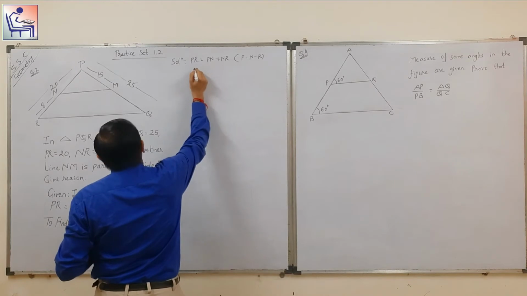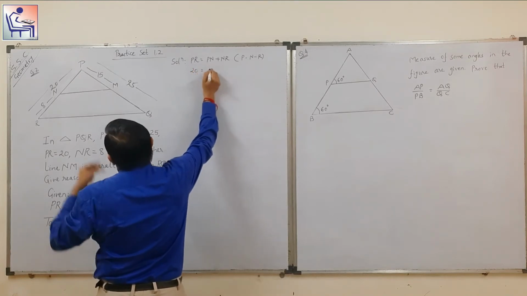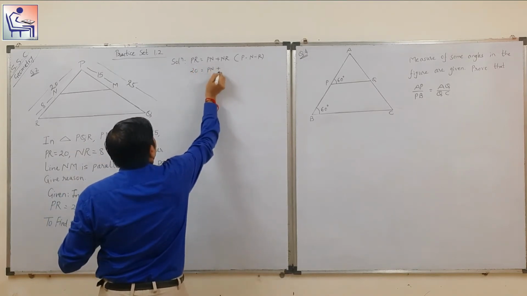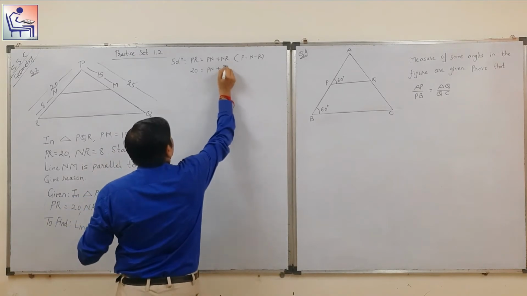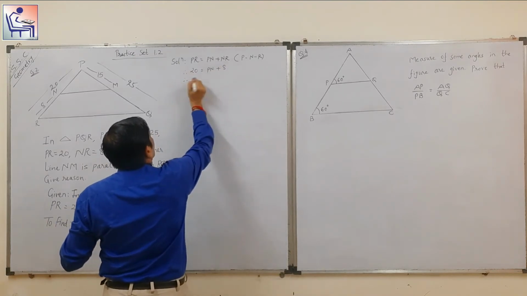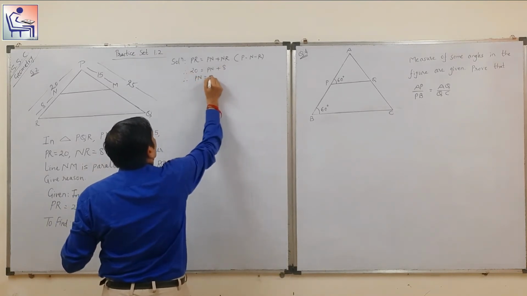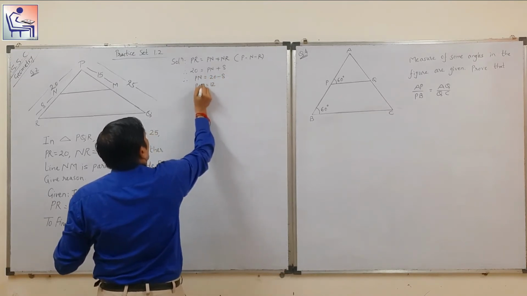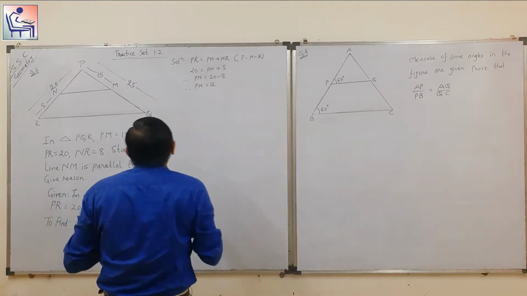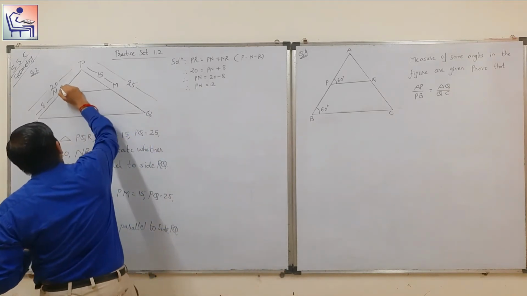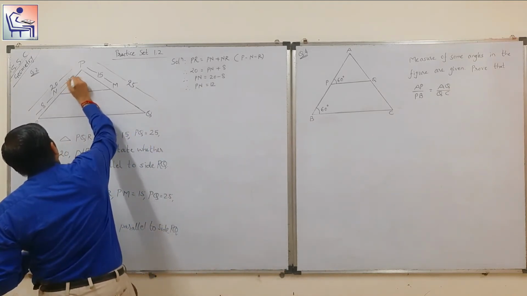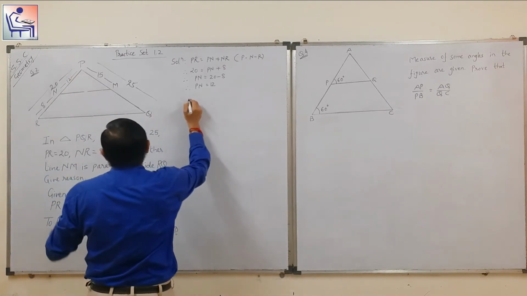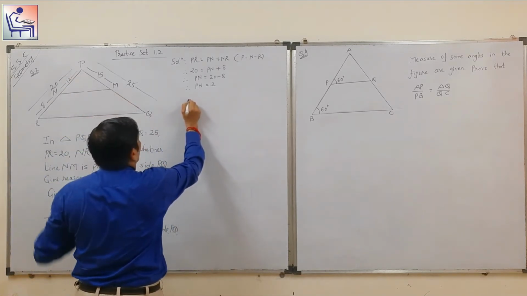Now PR, we know that it is 20, PN we have to find out, and NR we know is 8. So here we can say PN is equal to 20 minus 8, which is 12. Similarly, we will try to find out MQ.